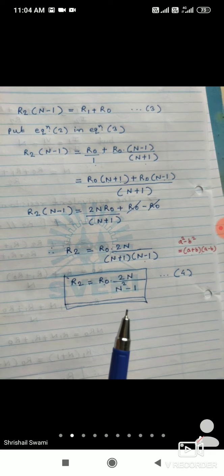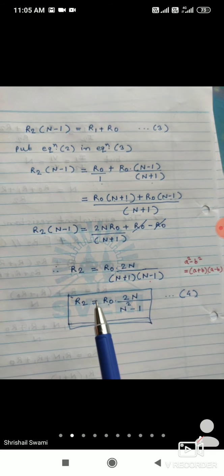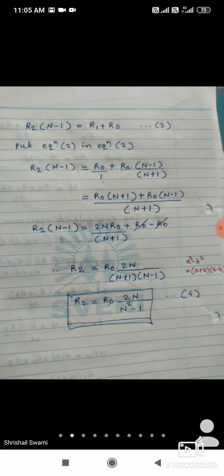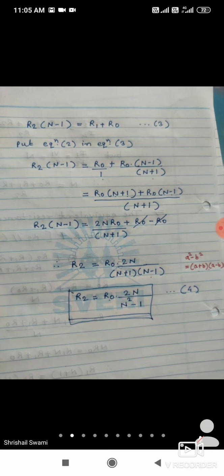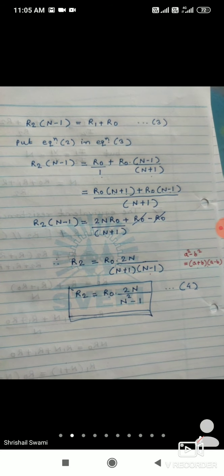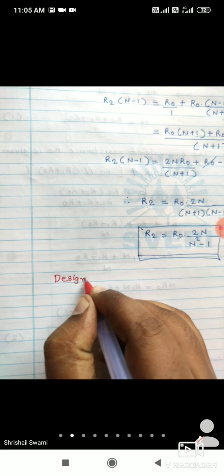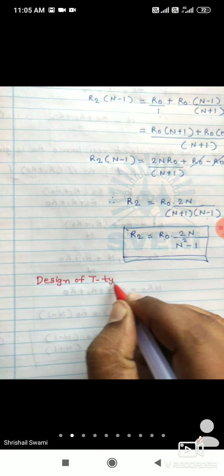Actually, we require 3 formulas. 2 formulae we got, one for R1 and one for R2, and the third formula will be the relationship between Napier and decibel. So I will give the design formulas here which we require, the design of the T-type attenuator.